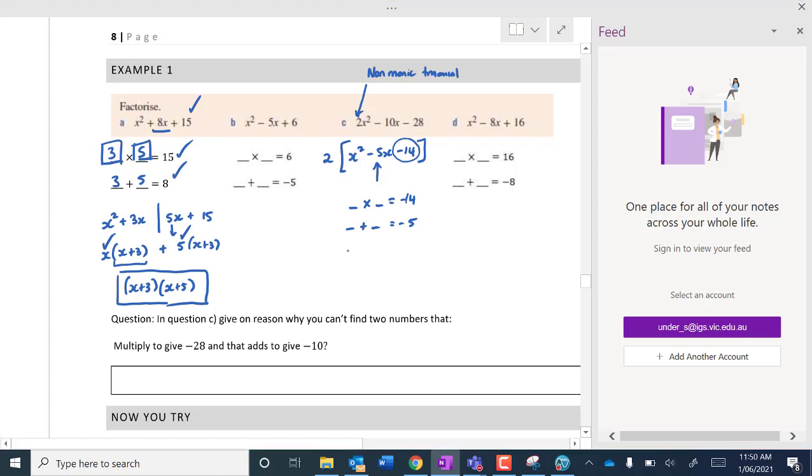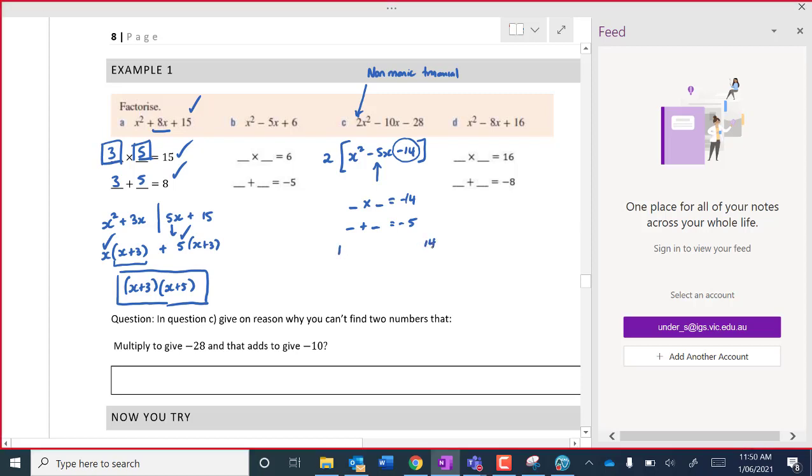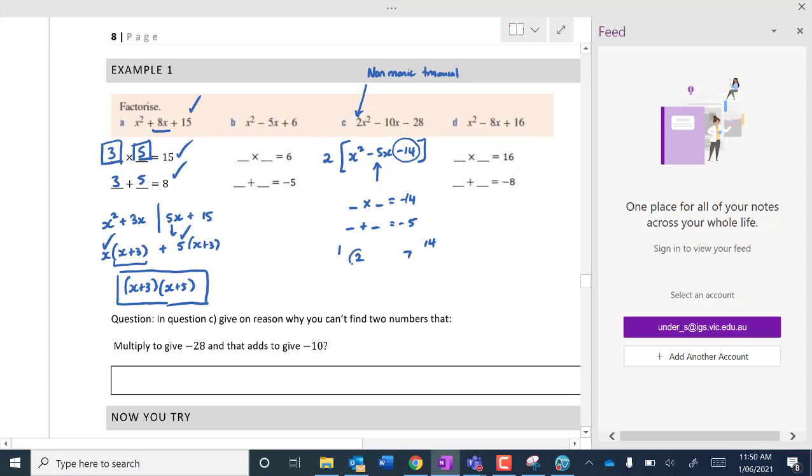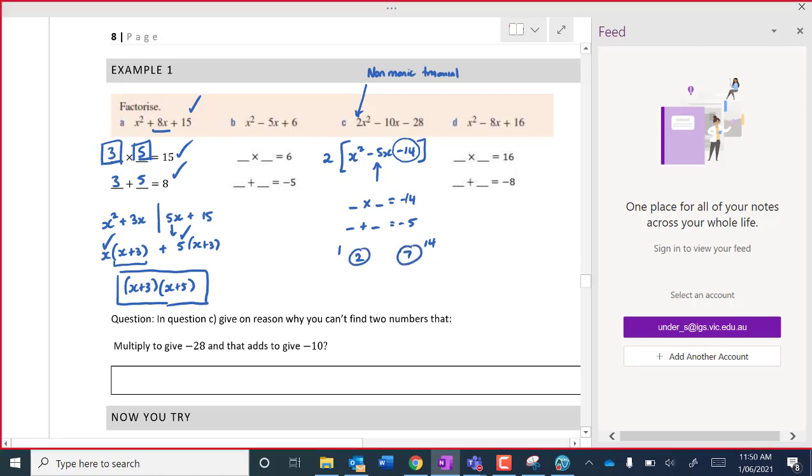So again, we think about the factors of 14: 1 and 14, 2 and 7, they're the only two options. So clearly there's no way you're going to get 1 and 14 to add to -5. So we know it's going to be the 2 and 7, and we know that one of them is going to be negative, considering that those two things add to give -5.